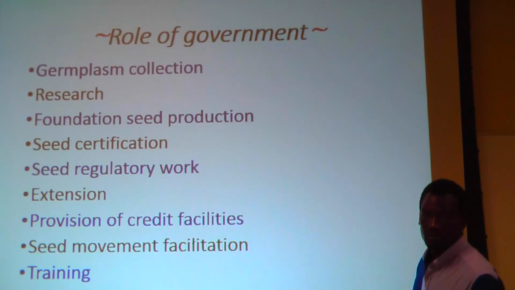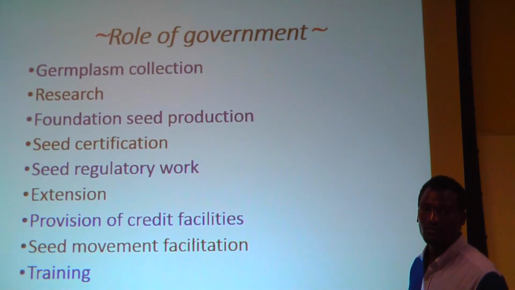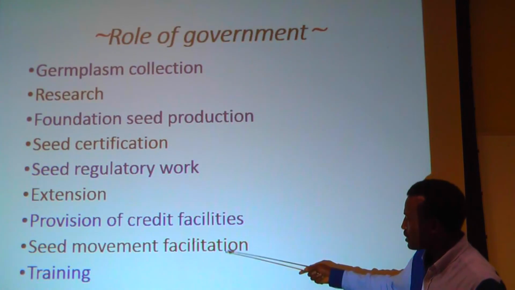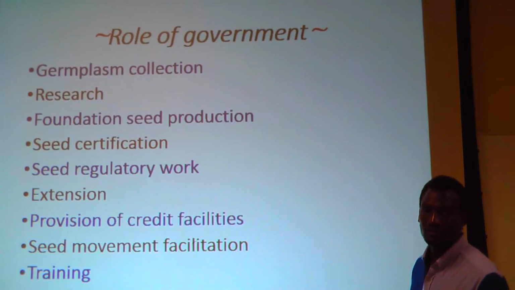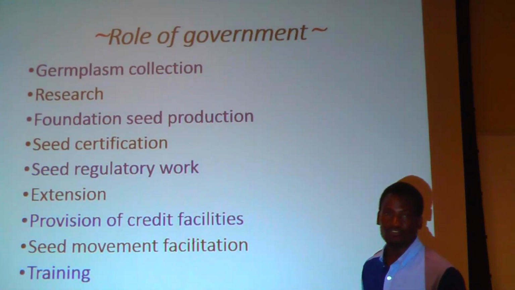Seed movement from place to place, because in some countries there might be difficulties in transporting seeds, even between countries. So the government should facilitate seed trade, and most importantly, training.